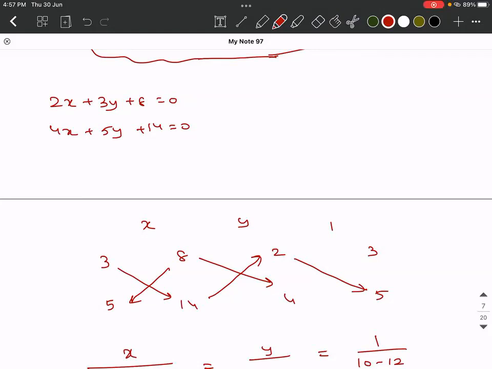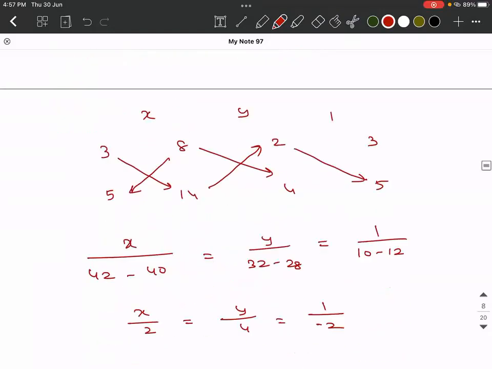Plus 8 and plus 14 only, no? Is it fine?